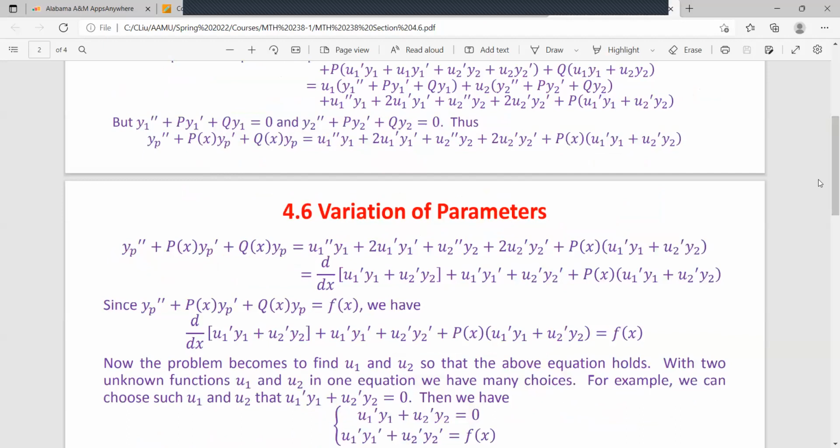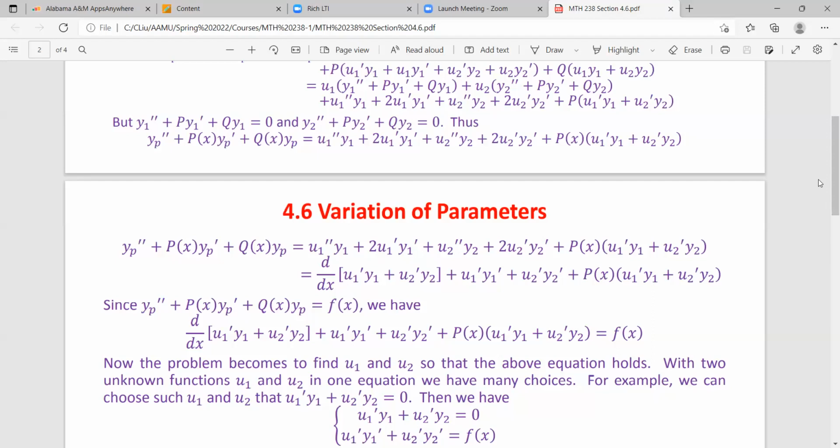All right. So now we can rewrite this whole thing as the derivative of (u1 prime y1 plus u2 prime y2) plus u1 prime y1 prime plus u2 prime y2 prime plus p times (u1 prime y1 plus u2 prime y2). Okay. You can easily check that if you're not sure.